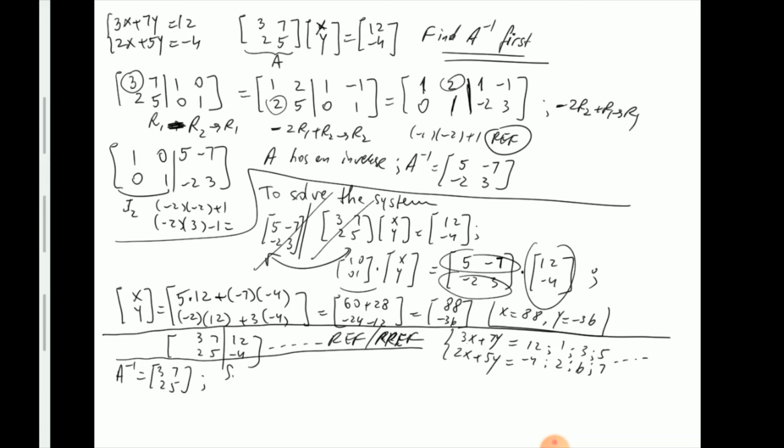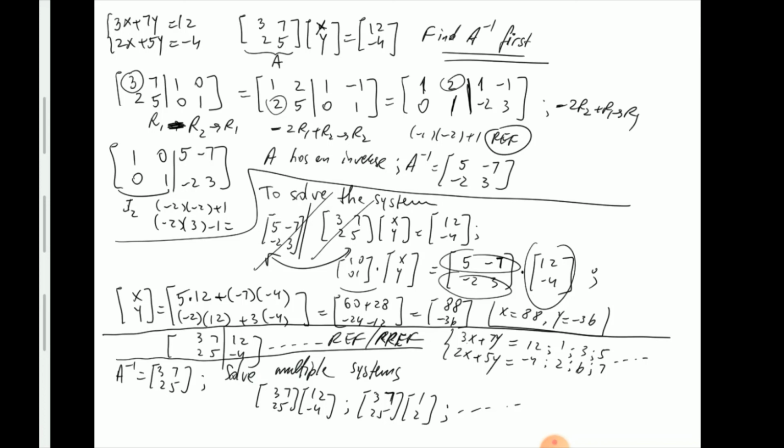Then you can solve multiple systems like that by simply multiplying that inverse to the right-hand side of what you have. So 12, minus 4, it's what we did. Then you can multiply by the next input, 1, 2, and so on and so forth.